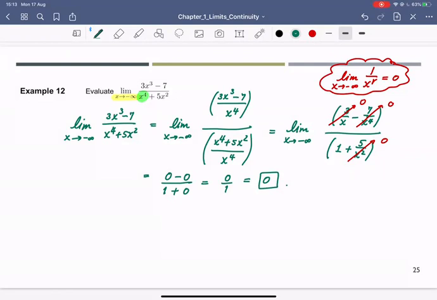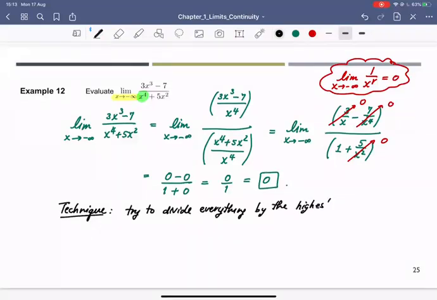If you understand this example, you can see my technique. This is a technique that you can use later. Try to divide everything by the highest degree of x term. Here I see that I have x to the fourth power as my highest degree, so I divide everything, on the top and the bottom, by x to the fourth power.